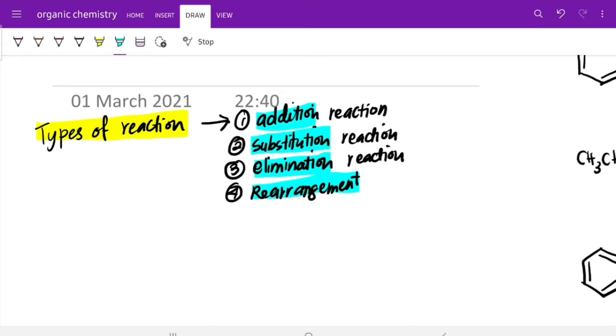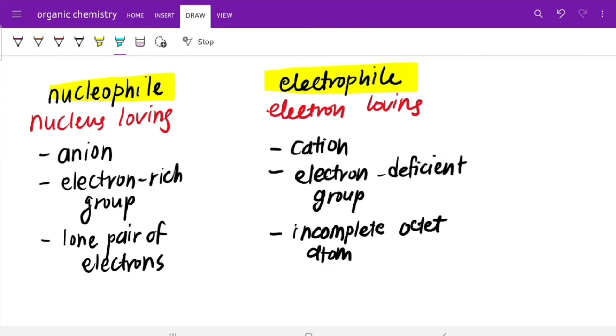But before we proceed with these types of reaction, I'm going to explain nucleophiles and electrophiles. Nucleophile is commonly known as nucleus-loving atoms, groups or ions, whereas electrophile refers to electron loving.